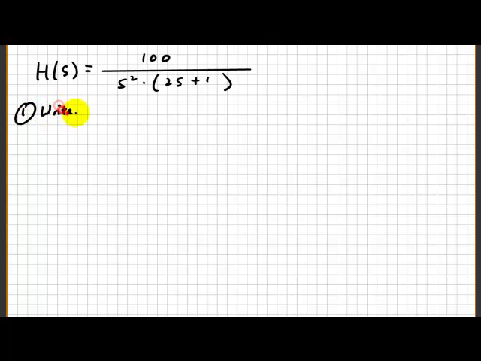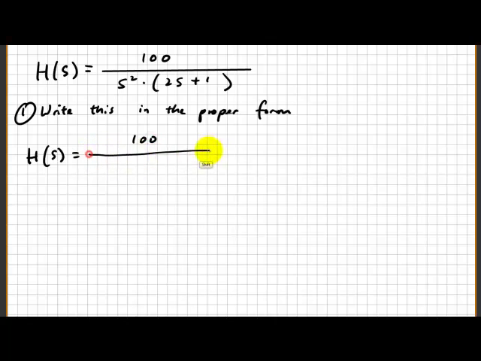So what we're going to do next is put this in a proper form so that we can find out the frequency point for each. So H(s) is 100, again we don't have zeros, and then you have s squared times (s divided by 0.5, because that 2 inverse will be 0.5, plus 1).